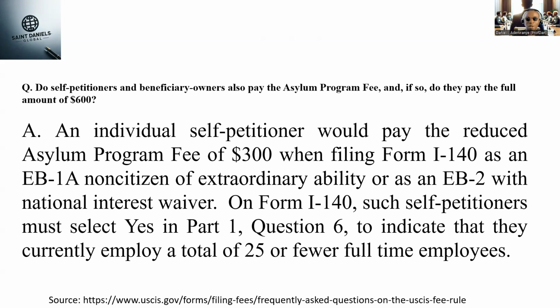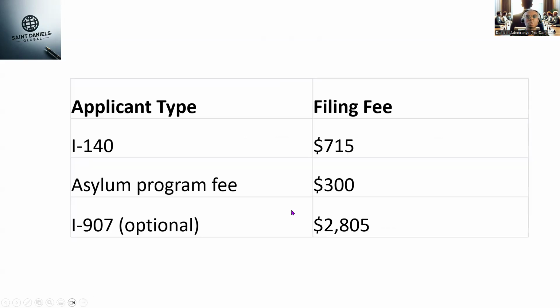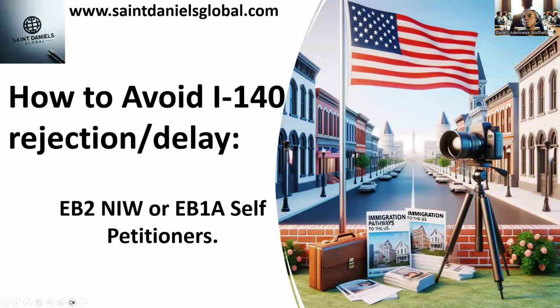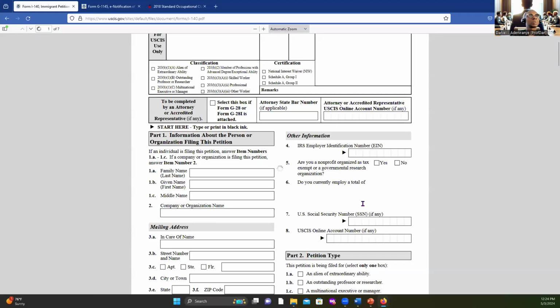So in either of these, as a self-petitioner, it has been directed from the USCIS website that you should select yes for that question on your Form I-140, Question 6. As a self-petitioner, you select yes.